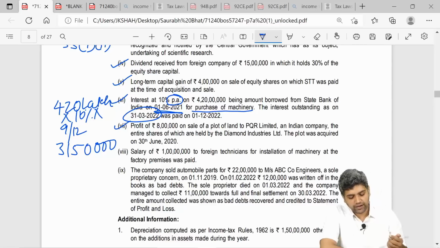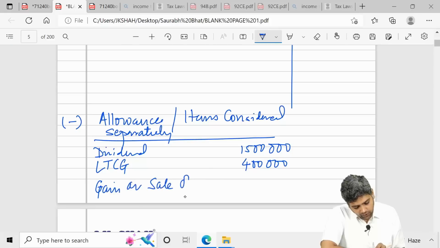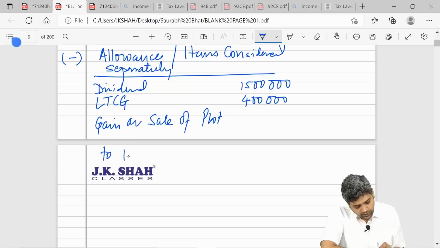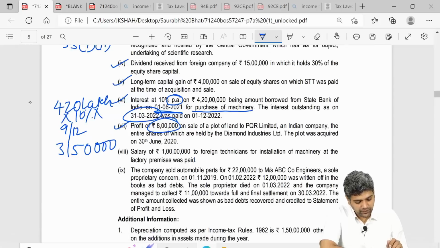When it is not regarded as transfer, capital gain also does not arise, and this 8 lakhs which is credited to my P&L, I will reduce, saying gain on sale of plot to 100% subsidiary company, that is 8 lakh rupees I will reduce from my taxable income.